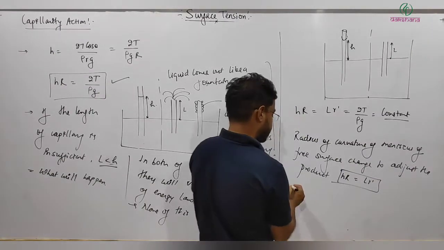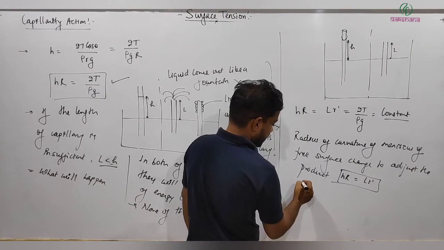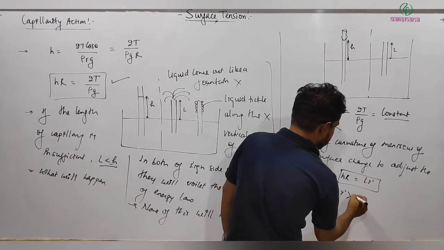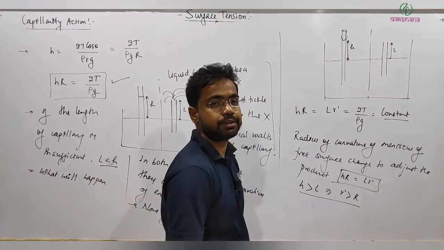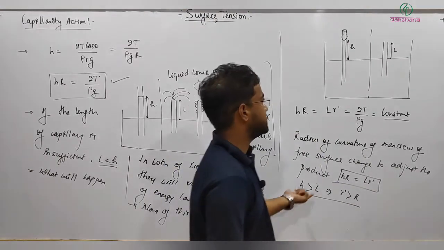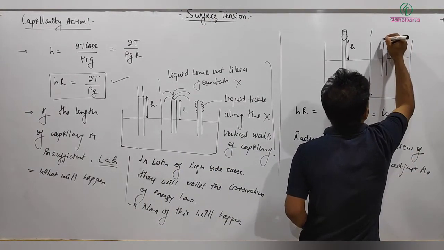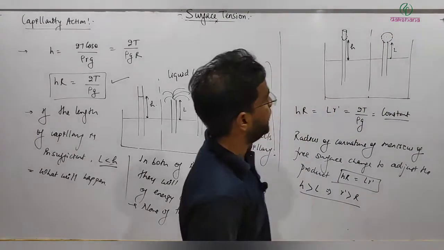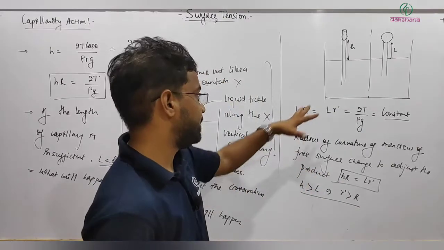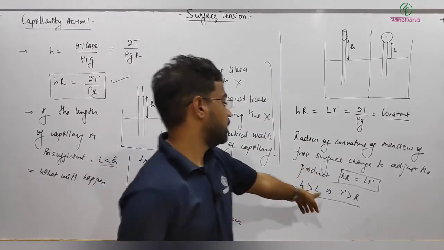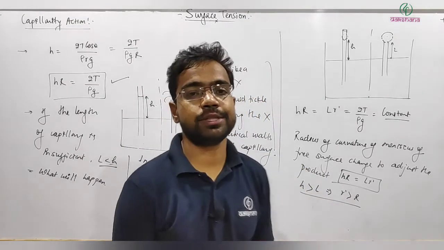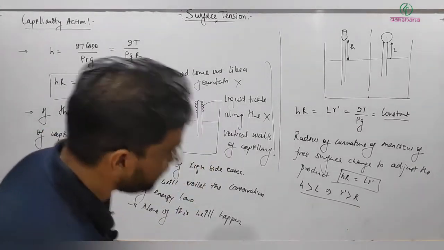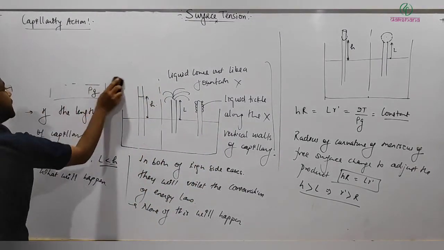L decreases, is it? h greater than L, so r prime will be greater than r. So the radius of curvature of the meniscus increases, and by that it adjusts the decrease in height h, so no fountain, nothing will happen. This will be the condition. Simply your r prime will increase. So this is about the case when we have a capillary tube of insufficient length.